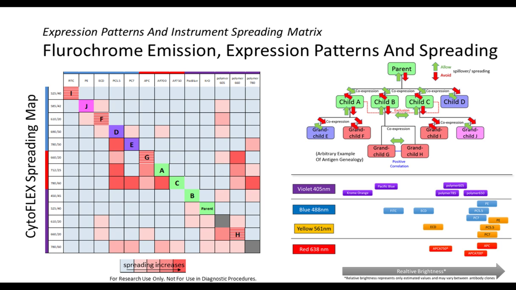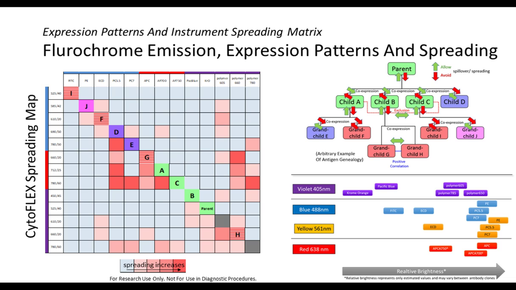Let's take another example to show also the exclusion principle. Child A and child C are not expressed together, so we see them on the left in two places, Alexa 700 and Alexa 750, two columns that represent dyes that have a strong spillover to each other. You can see how A and C share sides of a dark red field.